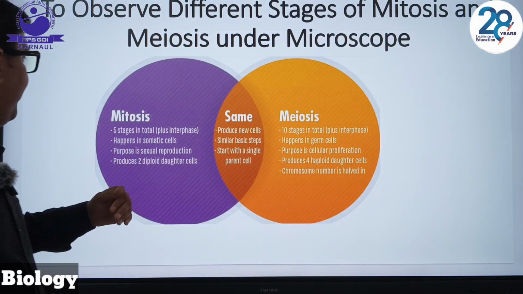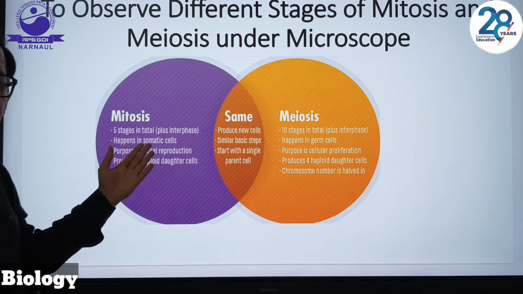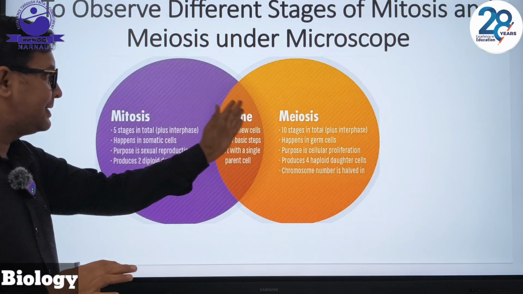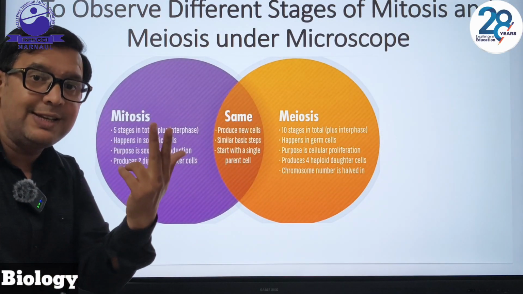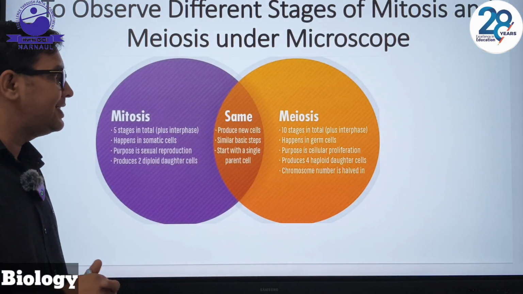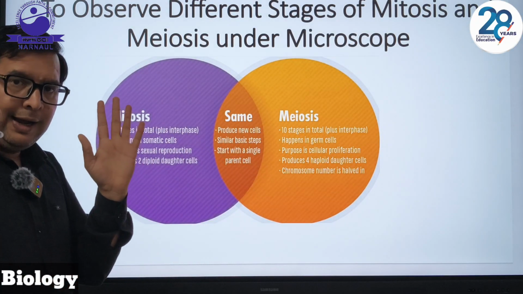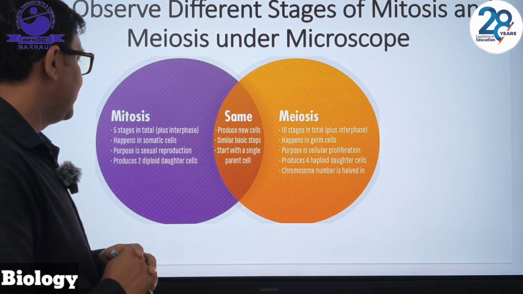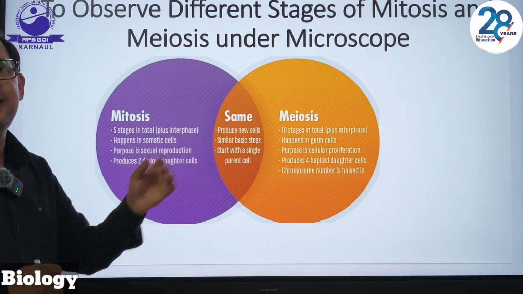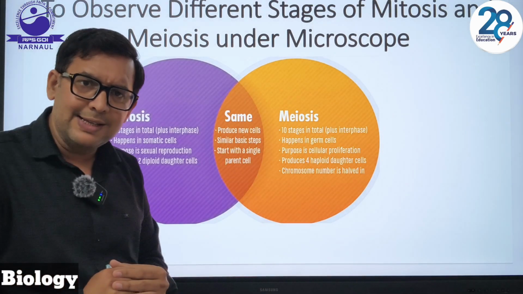reduced. Some features: mitosis has 5 stages including interphase. In meiosis, we have 2 stages, meiosis 1 and meiosis 2, so 10 stages in total, and interphase. Mitosis occurs in somatic cells, whereas meiosis occurs in germ cells.